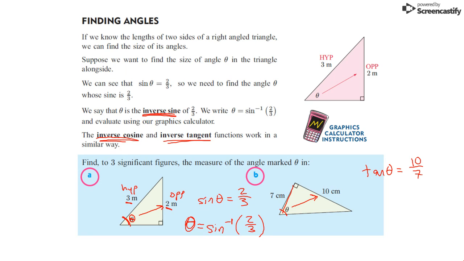So 10/7. So again, in order to actually find the angle, I have to take the inverse tangent of that ratio. Right? So inverse tangent of that ratio.